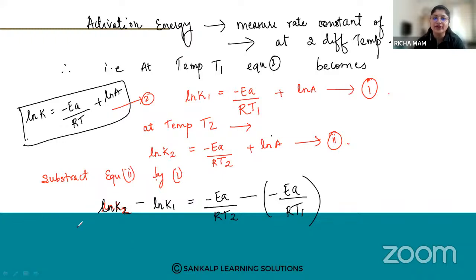We know that ln k2 minus ln k1 is nothing but ln of k2 by k1, so it becomes a division.